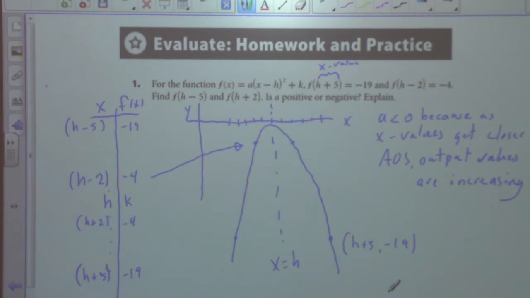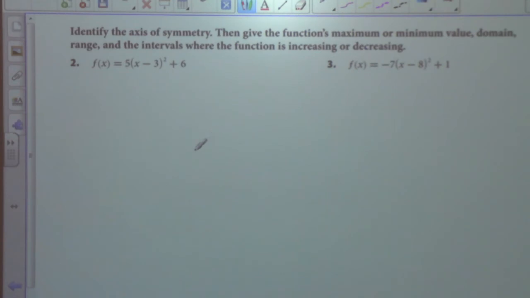Okay, next we go on to number 2. And I'm going to do this myself, and then I'm going to choose randomly people to help me with the other problems, all right? So here, we're going to identify the axis of symmetry. Well, first of all, we know that our vertex is equal to the point h, comma, k.